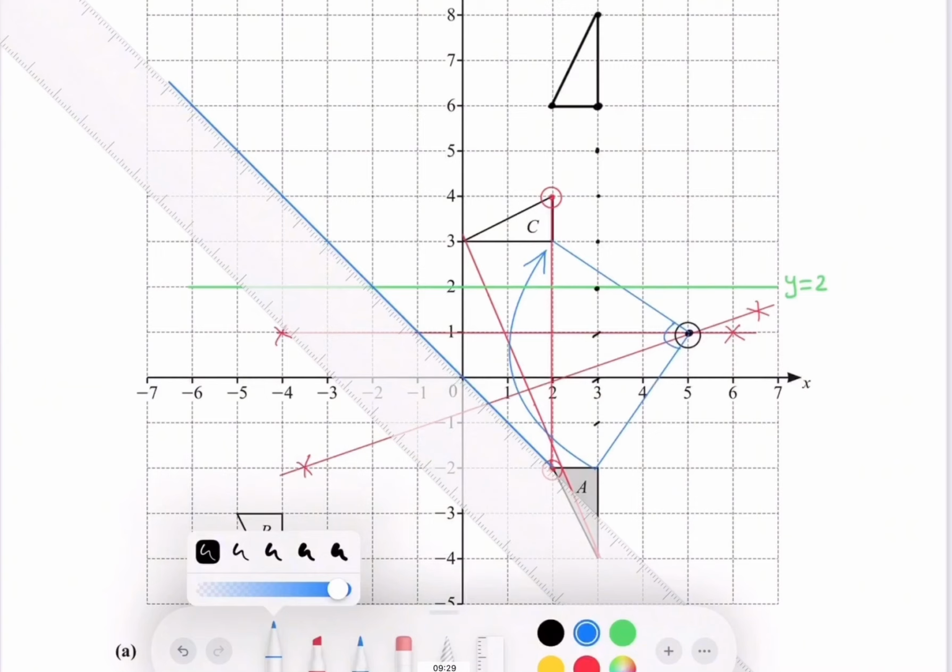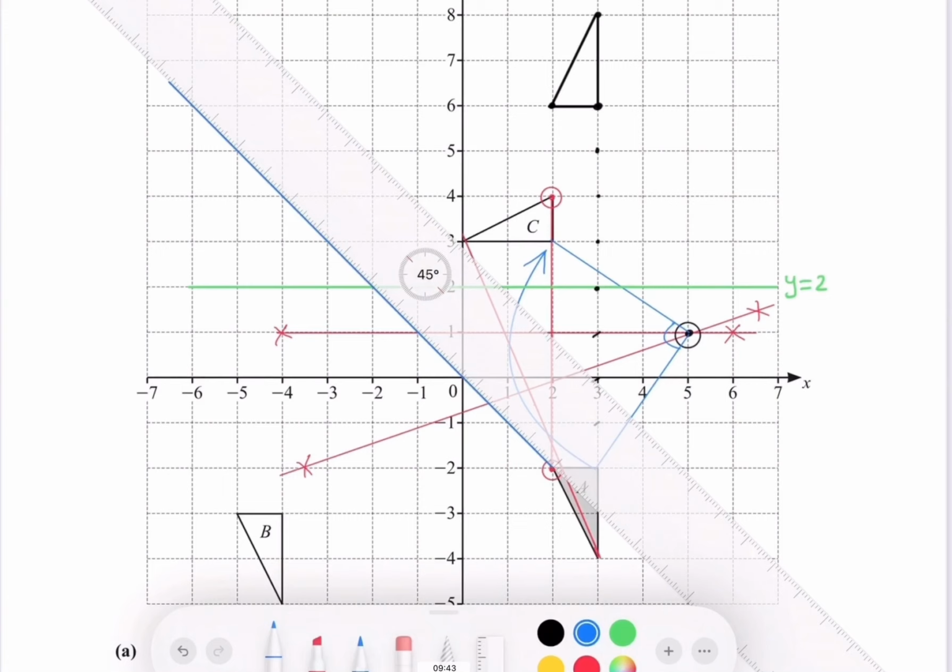Now measure the distance from this point to the center of enlargement and then move the same distance 2 times on the other side of this line which you have drawn. 1, 2. So your point comes here.